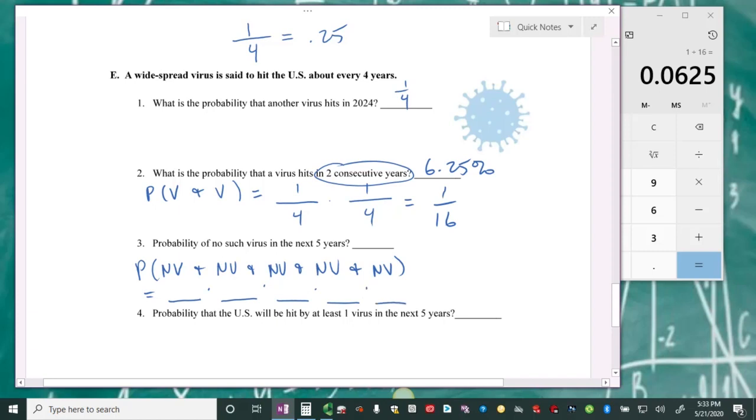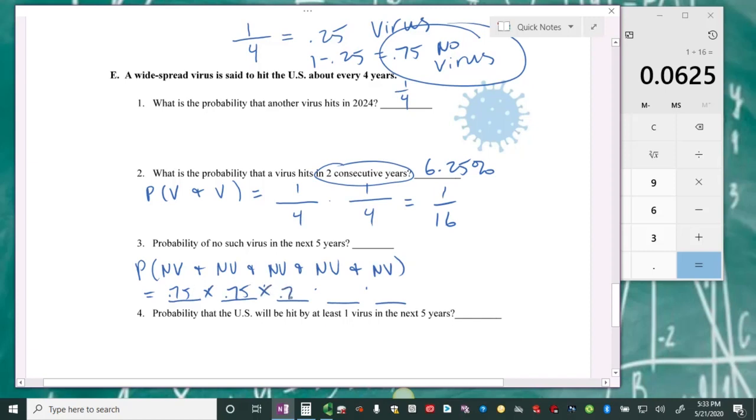If there's a 25% chance that there is a virus, we can do 1 minus 0.25, and that gives me a 0.75 chance of no virus. Using that opposite idea, I can put this together by doing 0.75 times 0.75 times 0.75, 5 times.